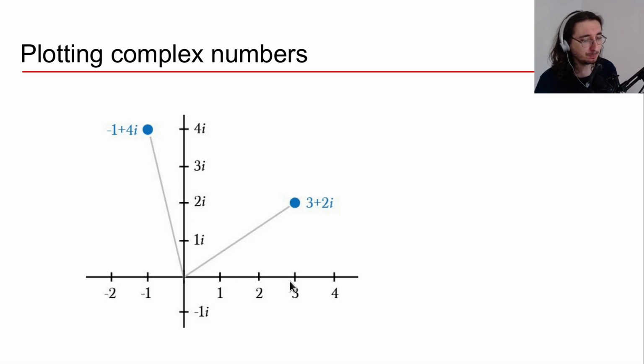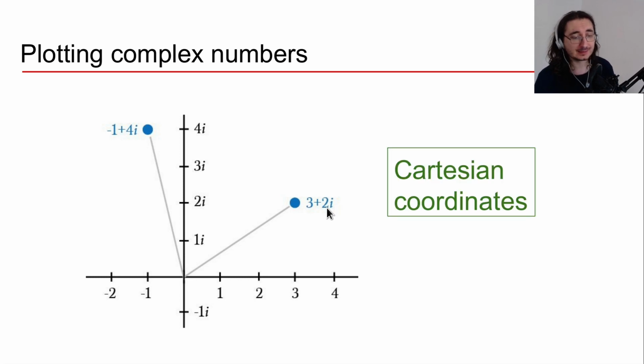Now, let's try to pinpoint a complex number, for example, this 3 plus 2i. For that, both 3 and 2 can be thought of as Cartesian coordinates. So 3 is the Cartesian coordinate for the x-axis, for the real part, and it's over here, and then 2 is the Cartesian coordinate for the imaginary axis.